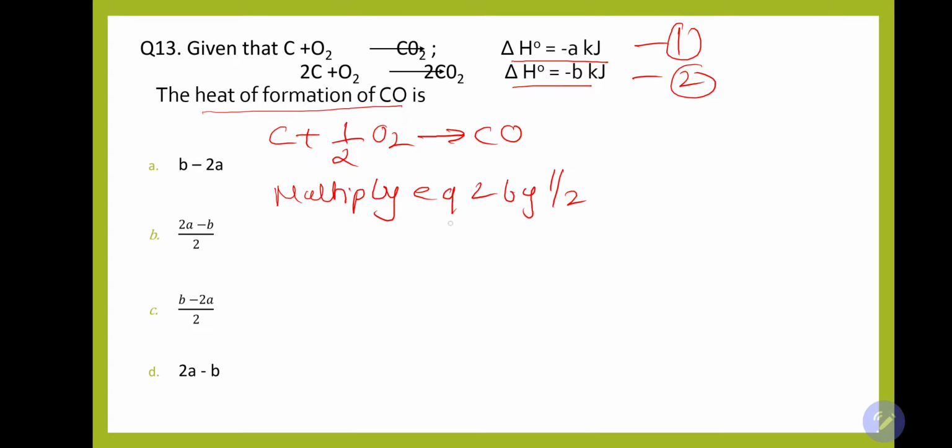If we multiply equation 2 by half, what we get is C plus half O2 gives CO2. Now this is the equation which we got.